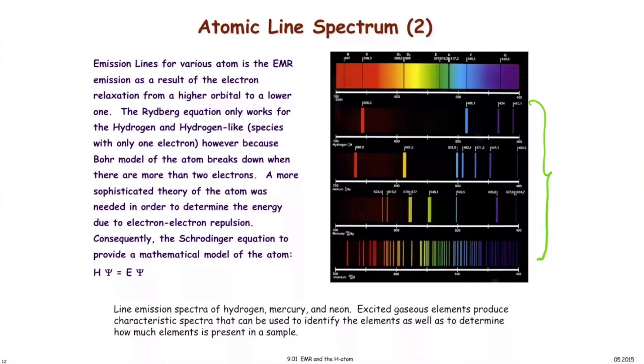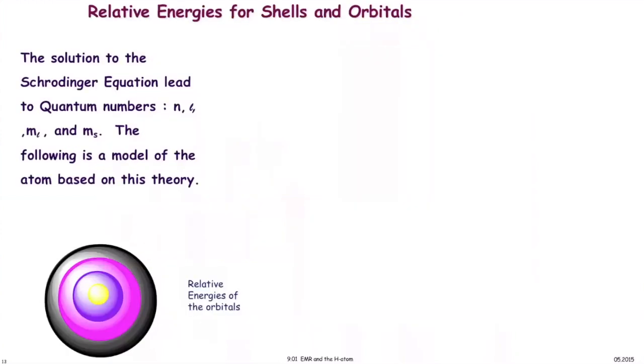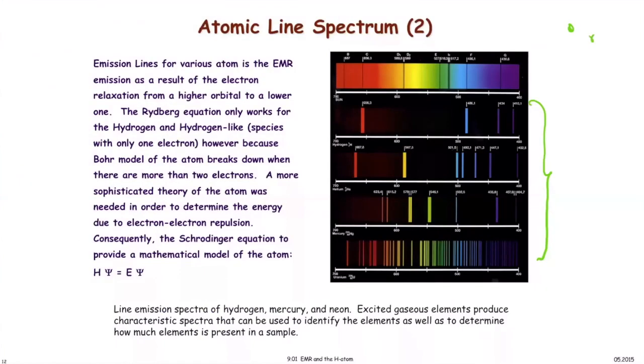have atomic line signature, but molecules also have molecular line signature. That's because molecules have electrons, and the electrons are housed in these orbitals, and the orbitals can be excited to a higher state and relax back down to the ground state. So molecules are nothing more than clusters of atoms that are held together through bonds, but they all have electrons in it.